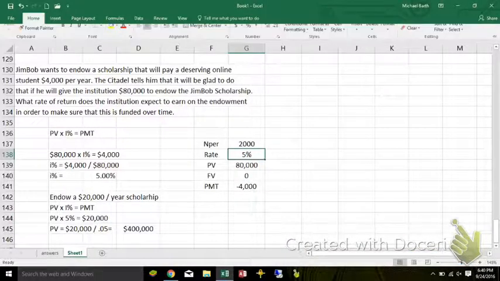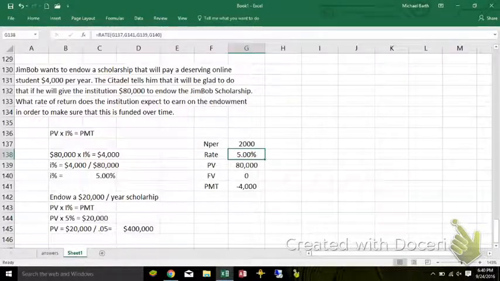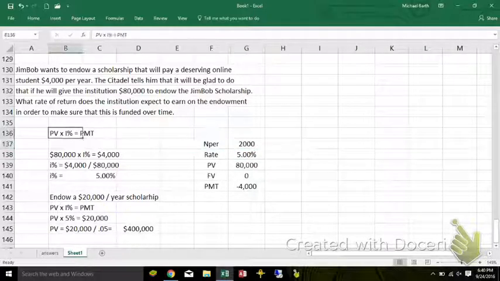So you can use the N, I/Y, PV, FV, PMT keys, but you don't have to, because it's actually just a simple formula. The FV is 0, and the number of periods is just really, really large.